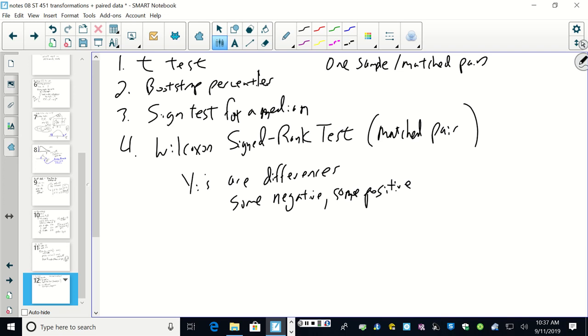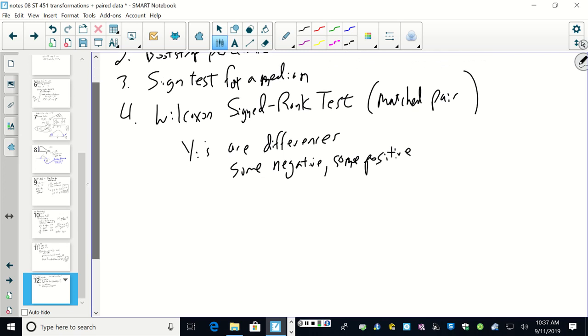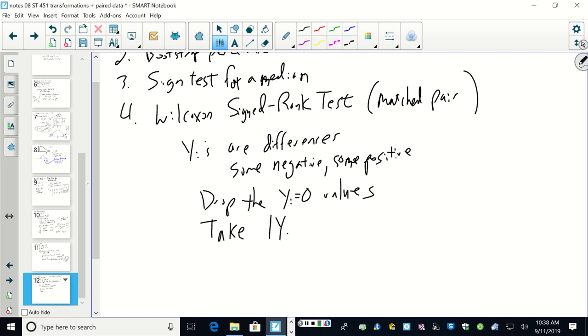So with this, we're going to drop the zeros. If there's no difference, it doesn't figure into this calculation. We take the absolute value of y sub i and then convert those to ranks.